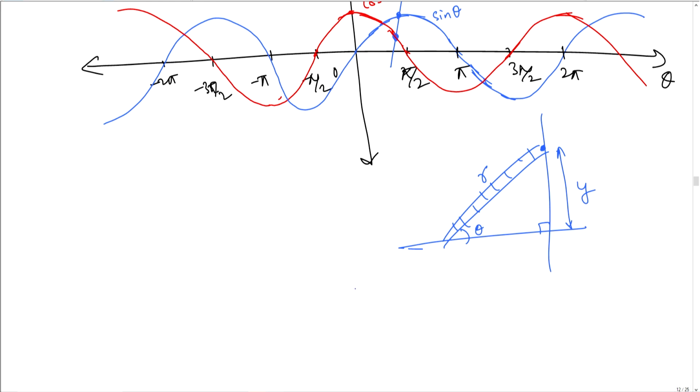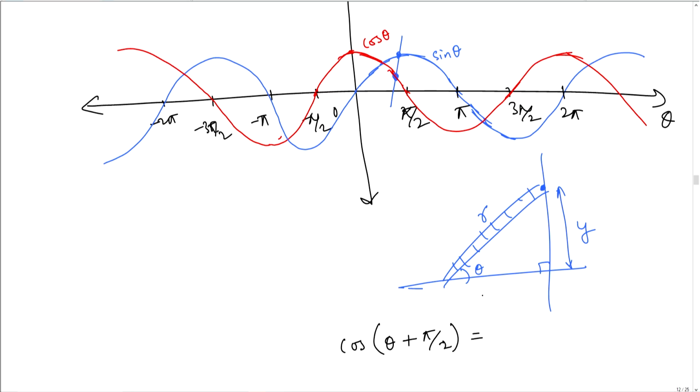Let's say I want to calculate cos of theta plus pi by 2, what would it be? Theta could be some angle. Let's say that angle is pi by 4, and if you add pi by 2 to this, how much would it become?